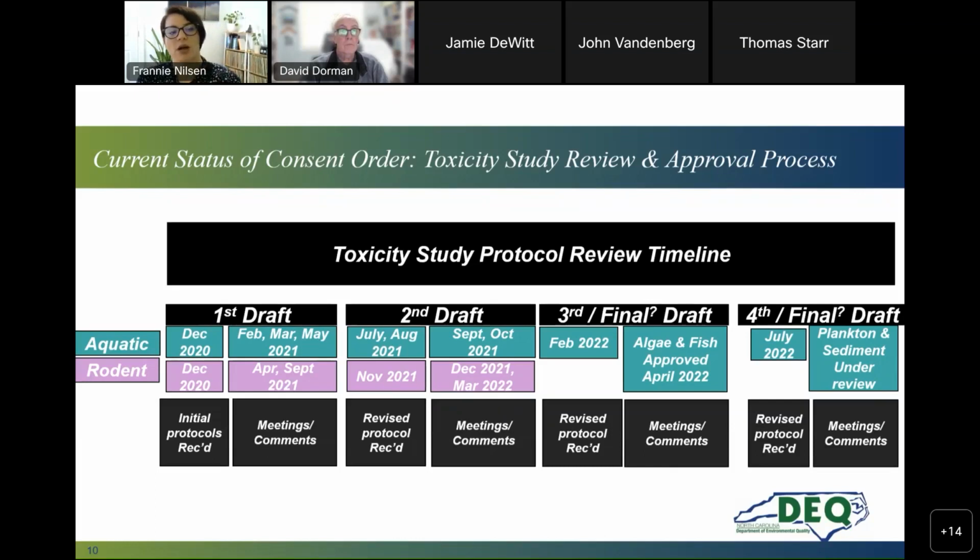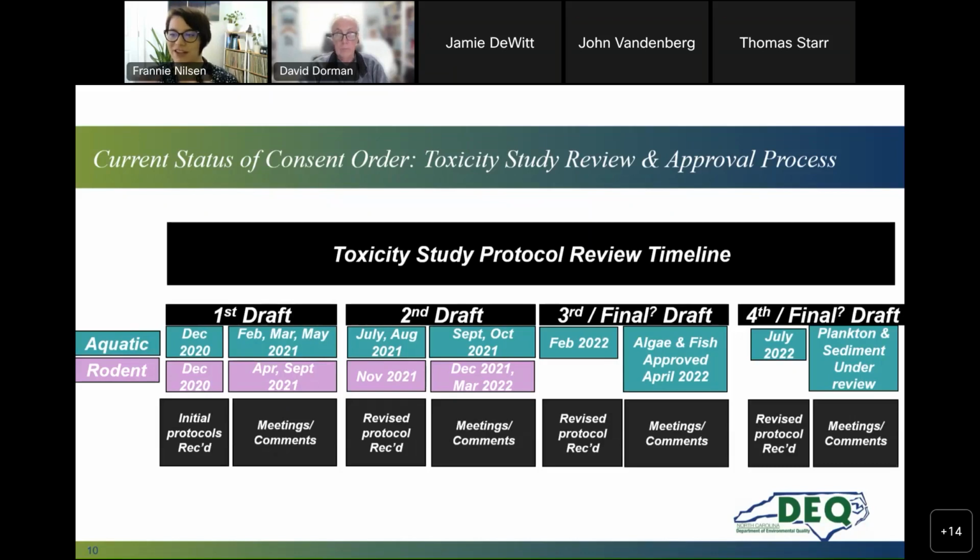These 4 black boxes are the 4 drafts that we've reviewed at this point. And so you can see the first draft. We've started this process in December of 2020 and went through first draft revisions for both of the rodent and aquatic tox studies in 2021. And this is a very simplified version of this.